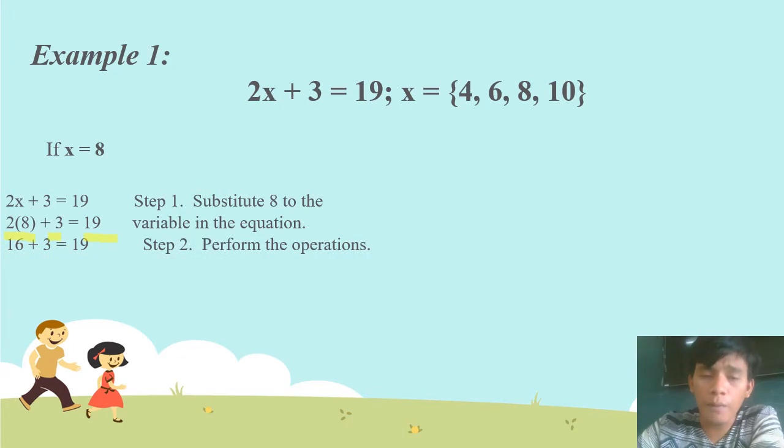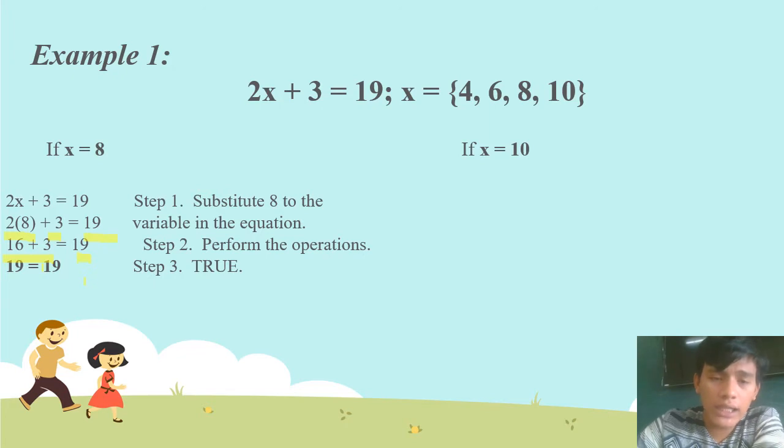Then perform the operations. 2 times 8 is 16, plus 3, and our right side is 19. As you can see, 16 plus 3 is equal to 19. 19 is equal to 19. Therefore, it is true.